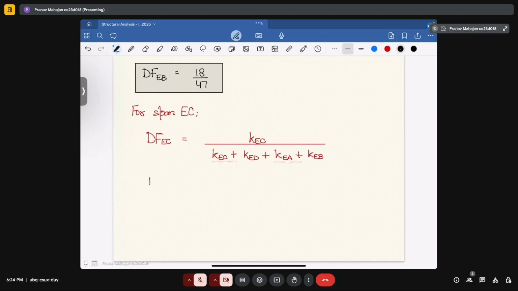Okay, now substitute all the values. So in this you will get K of EC to be equal to 4 by 3 of EI divided by all the coefficients.